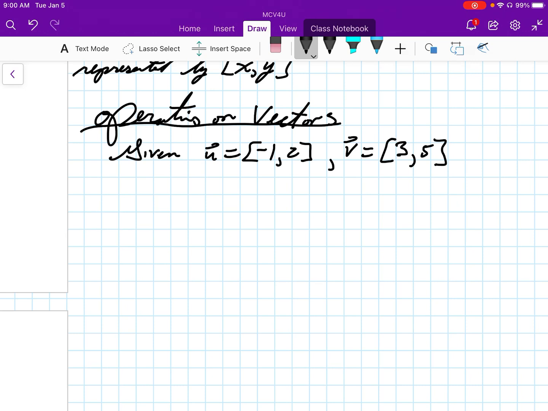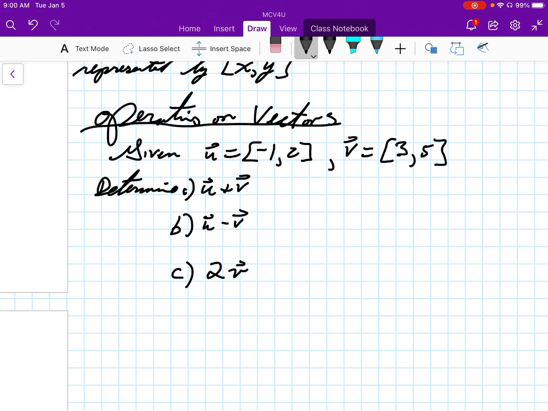We want to determine what u plus v is equal to. That's the first one. We'll look again at subtraction, and we'll have a go at scalar multiplication here. We'll just say that we've got 2 times v.